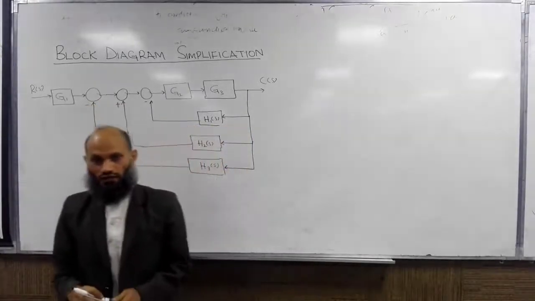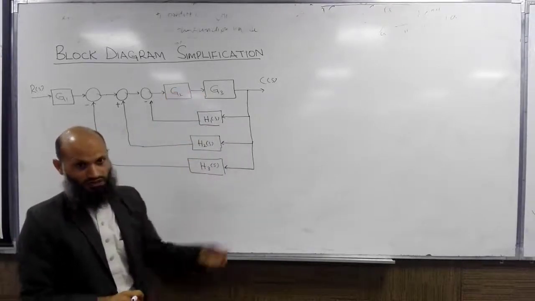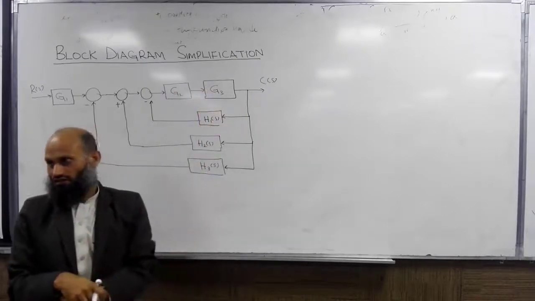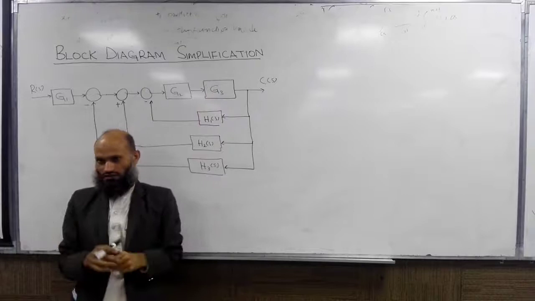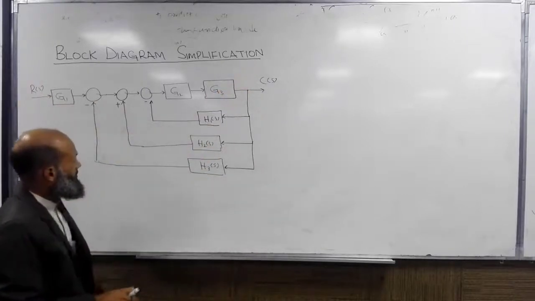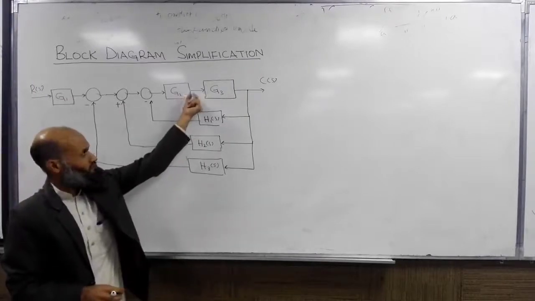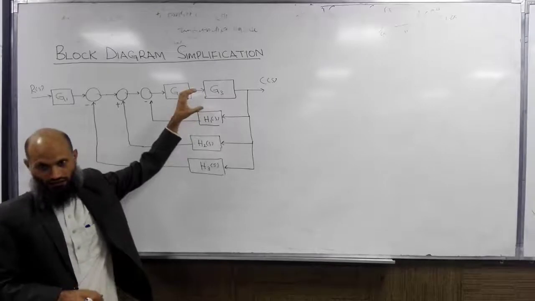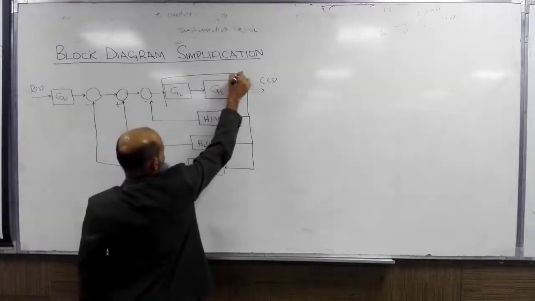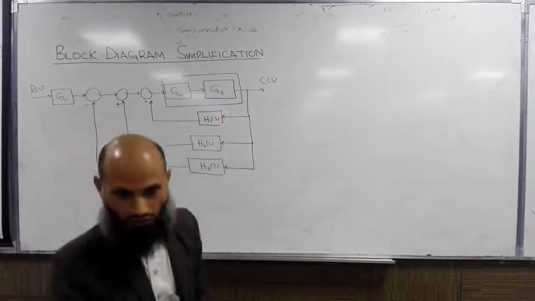So we have a system which is composed of many subsystems, and we have obtained a model for each subsystem, and now we are interested in obtaining a single transfer function between this output signal and input signal. What we can do is, we can see that these two are connected in cascade, so we can replace the two transfer functions by a single transfer function which is the product of the two transfer functions.